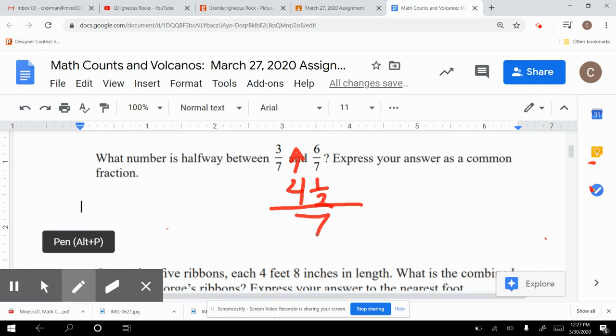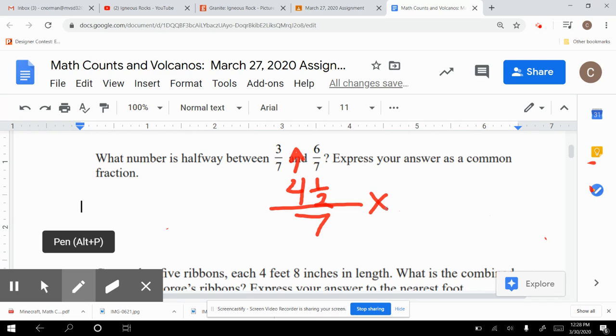So how would we get rid of that half? Well, what we could do is multiply this fraction by 2, okay? We're going to multiply both the numerator and the denominator by 2, and that will get us out of that half, right?